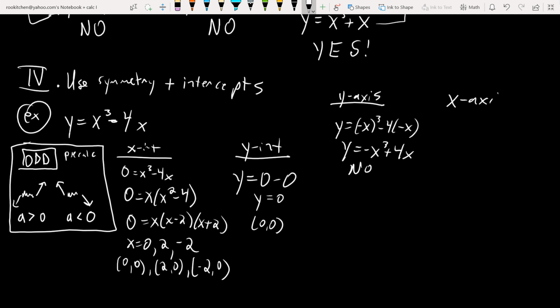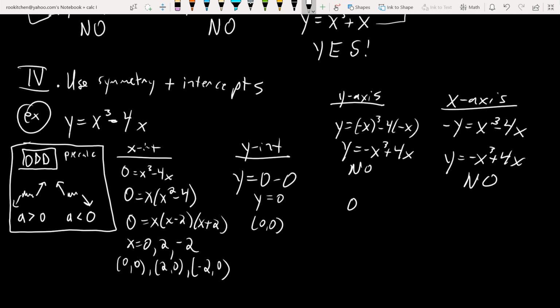For x-axis symmetry, you let y be -y. And again, we run into the same issue. If you try to get the original equation by multiplying both sides by -1, you'll get -x cubed plus 4x, which doesn't work. Try origin symmetry. Maybe there's some hope there, right?